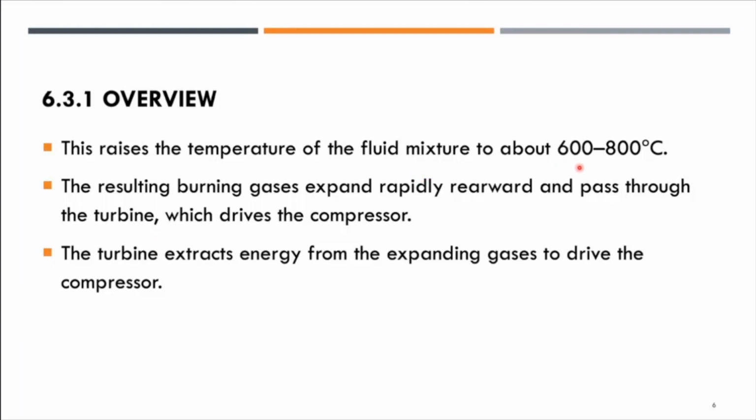This is an early turbojet engine, and the resulting burning gases expand rapidly rearward and pass through the turbine, which is connected to the compressor via a shaft, and the turbine extracts energy from the expanding gases to drive the compressor.